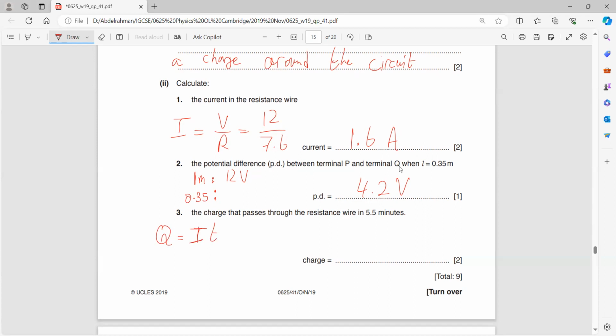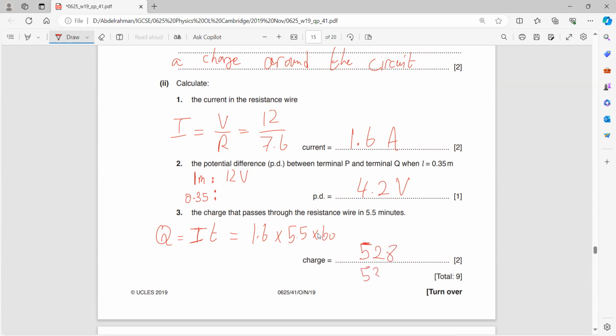I equals Q over T يبقى Q equals I times T. What is ال I؟ معايا ال 1.6، صح؟ معايا التايم 330 seconds، because we must multiply by 60. هنحسبها، يطلع كام؟ 530. ماشي، 530. طبعا هي على الكالكوليتر 528.